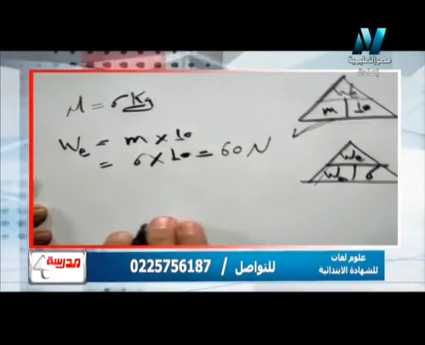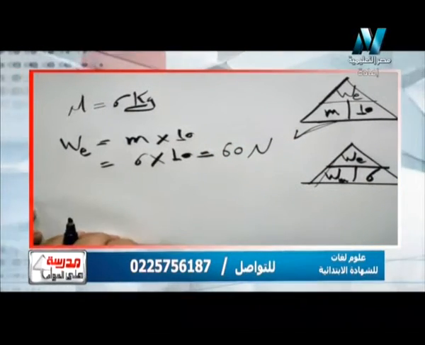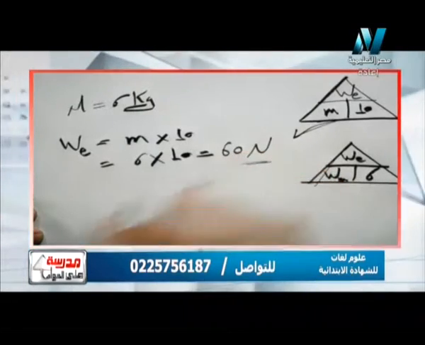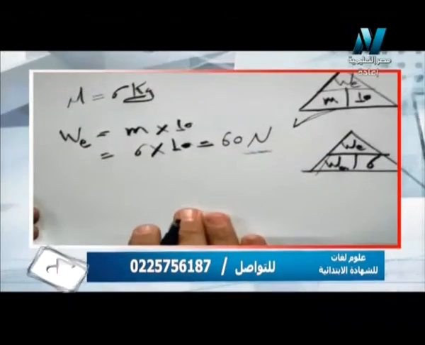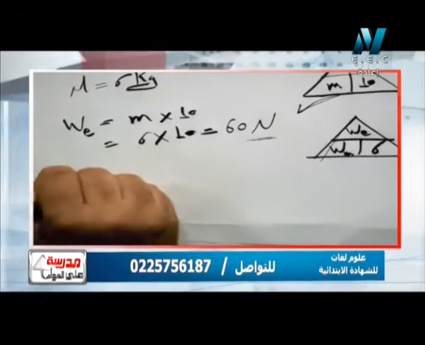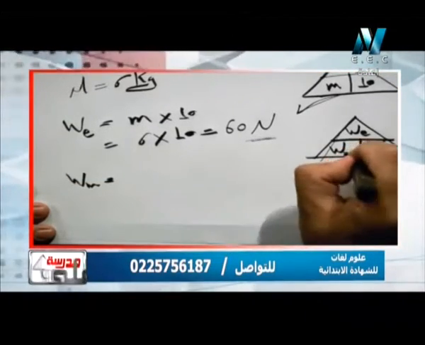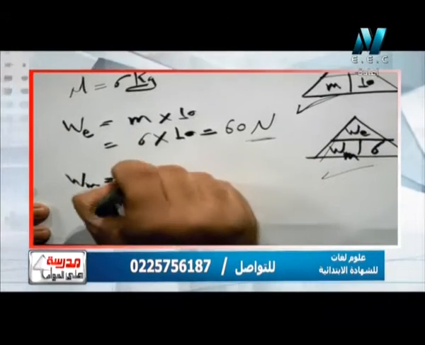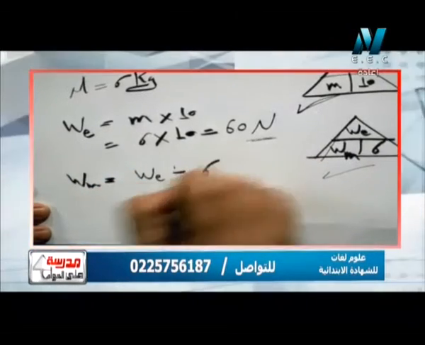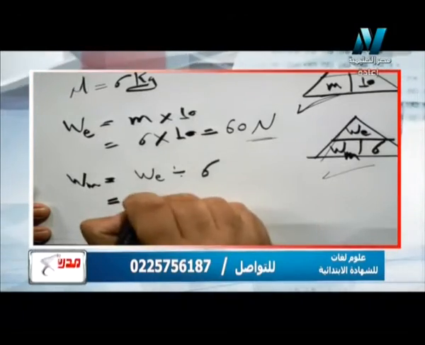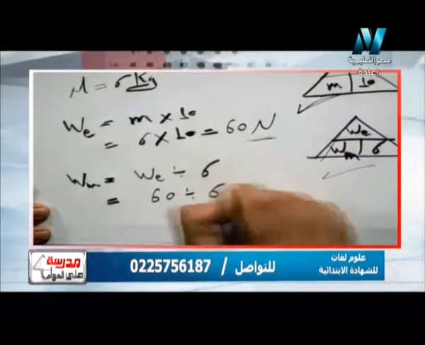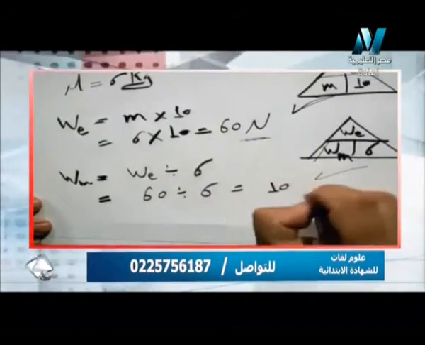As we have studied, I must remember that weight is measured in newtons. The second step is the weight on the Moon. I will use the second rule: weight on the Moon equals weight on the Earth divided by 6. So it will be 60 divided by 6, which is 10 newtons.